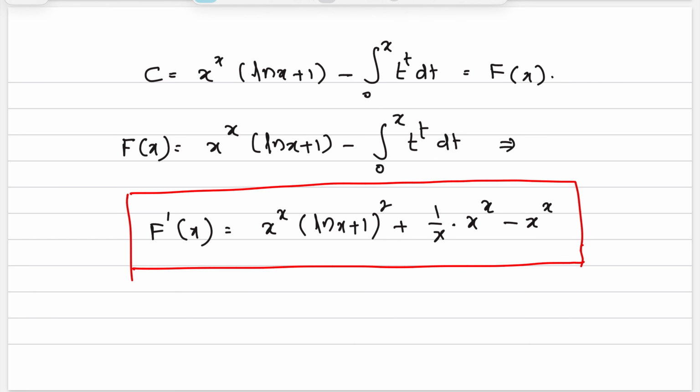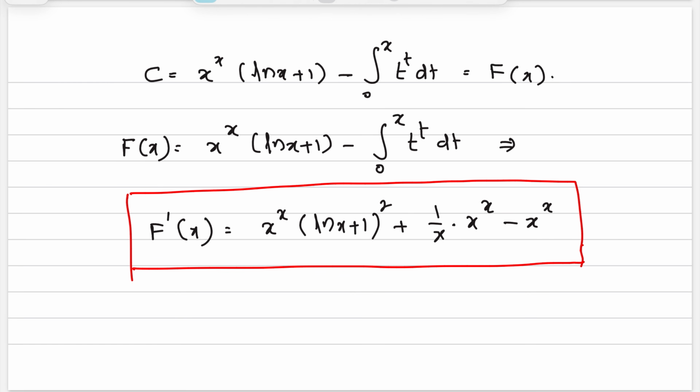This is a simple derivation. Please try to do it on your own. And if you have any confusion, please put it in the comment column. I'll reply.